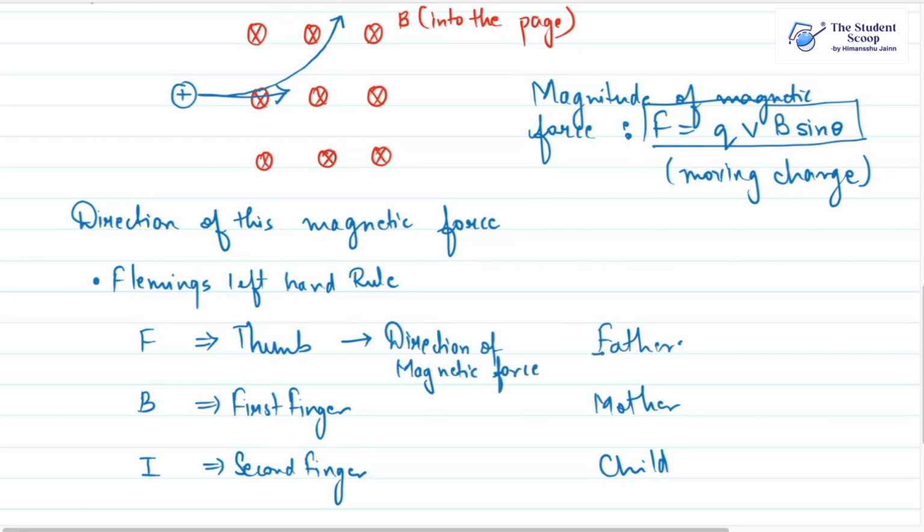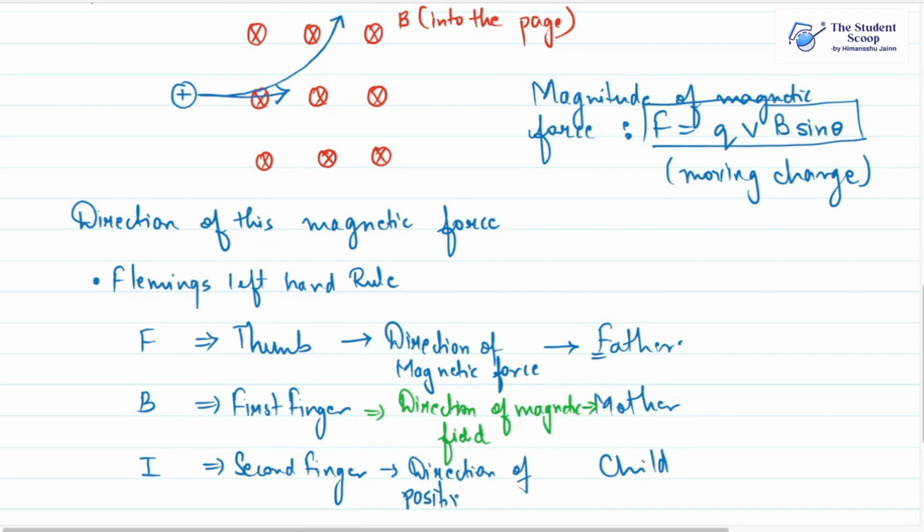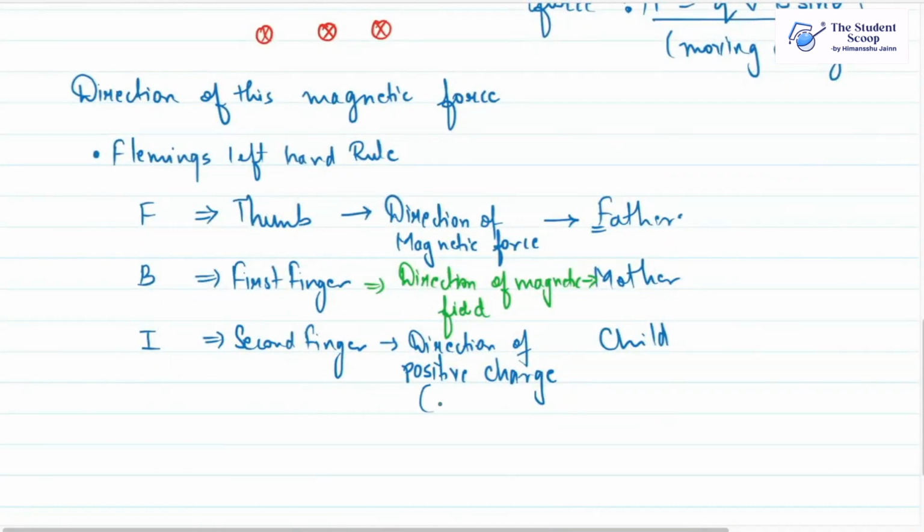F for force over here, so that's why father. The first finger represents the direction of magnetic field, that's why M. And the second finger represents the direction of positive charge. We also call this direction of positive charge the direction of current, that we will see shortly.